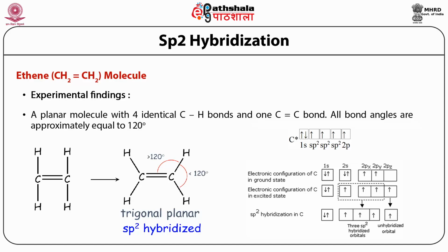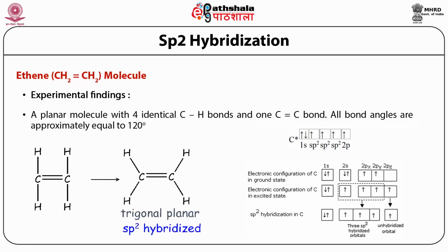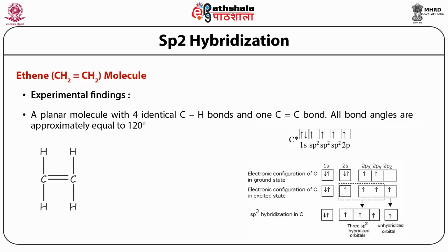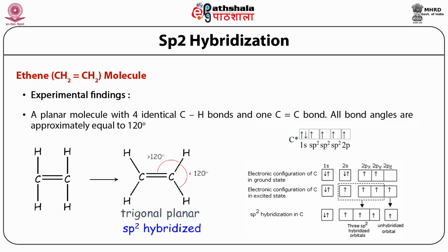Now let us discuss the sp2 hybridization. There are other carbon-based compounds and molecules which have double bonds between the carbon atoms, such as ethene. For these molecules, carbon atoms are sp2 hybridized because one pi bond is required for the double bond between the carbons.